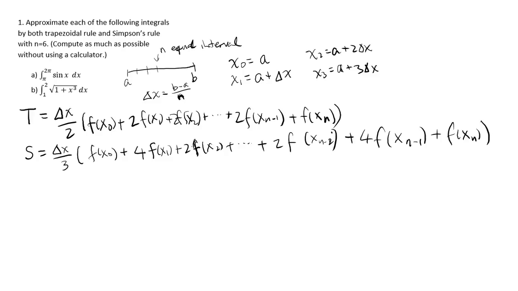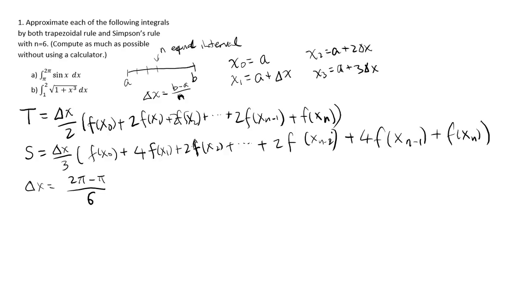Okay, now let's apply these formulas to the sine of x. First, you have to compute delta x, which is 2 pi minus pi over 6. Notice that pi to 2 pi is the interval that you're integrating, and n is given as 6. So I'm using the formula delta x equals b minus a over n.